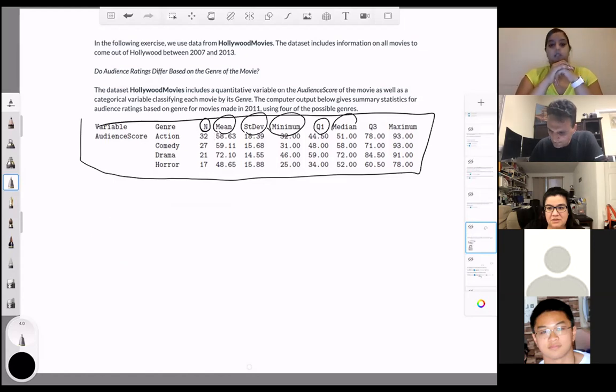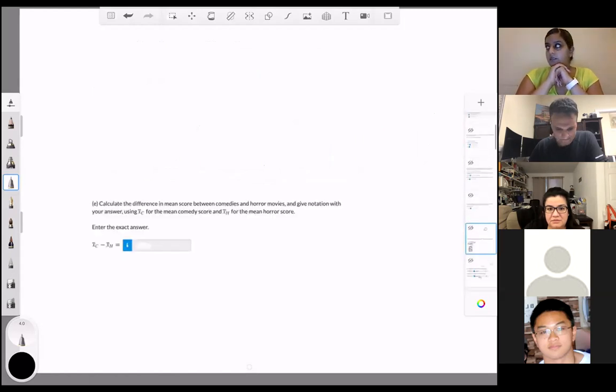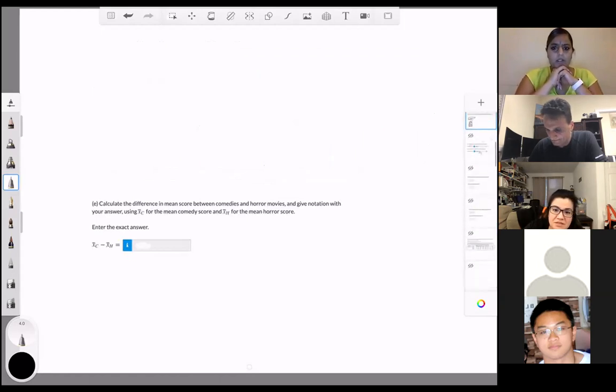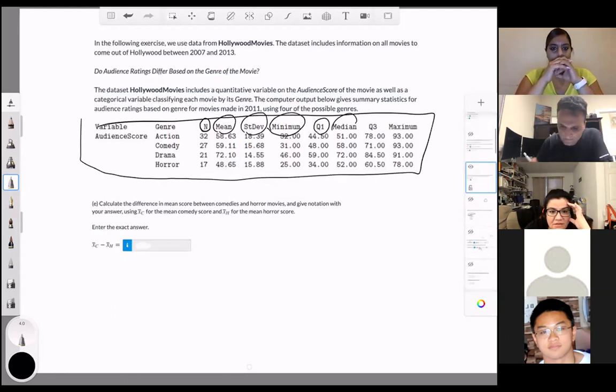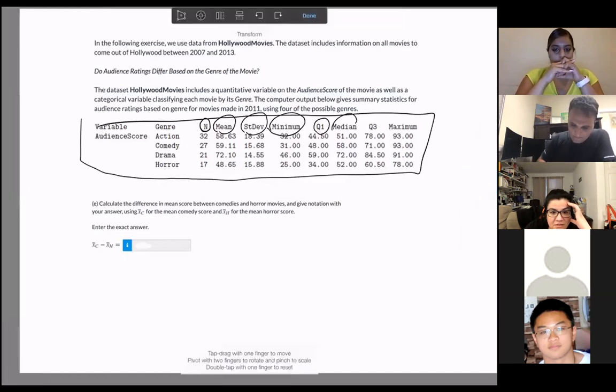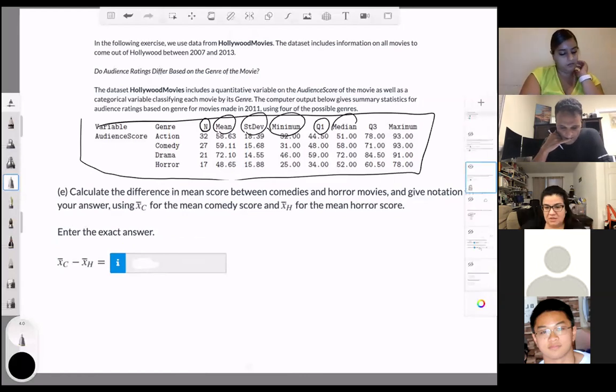All right, I'm going to go a little faster now. I'm going to close this. Part E, calculate the difference in mean. So what is H bar?